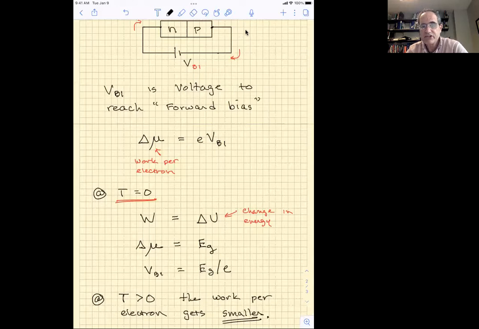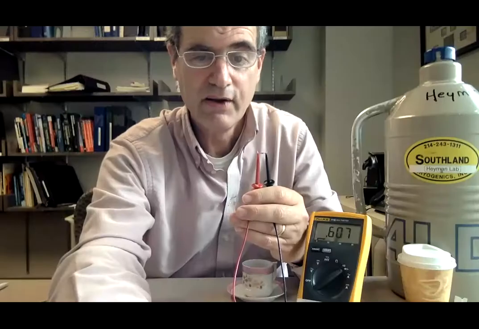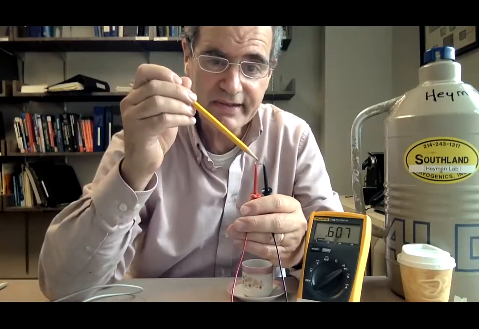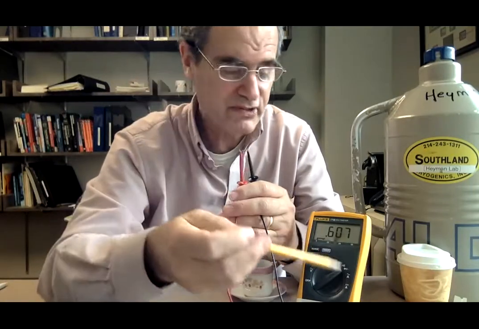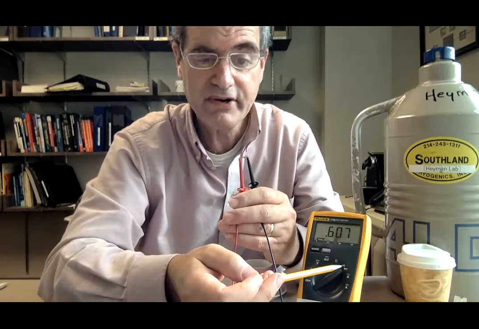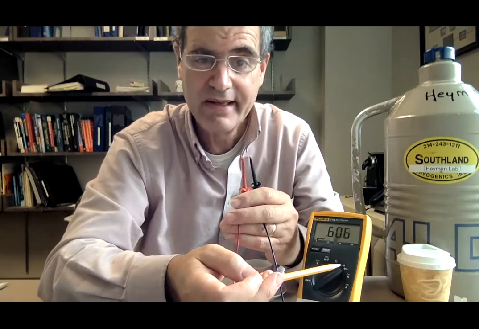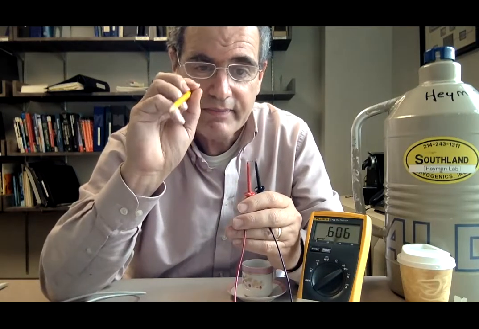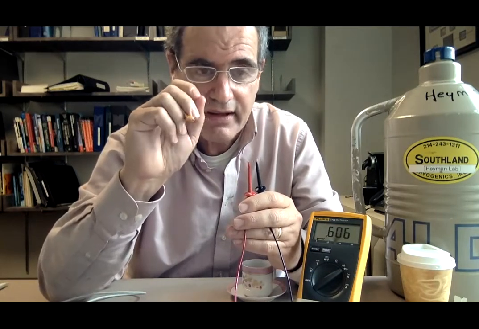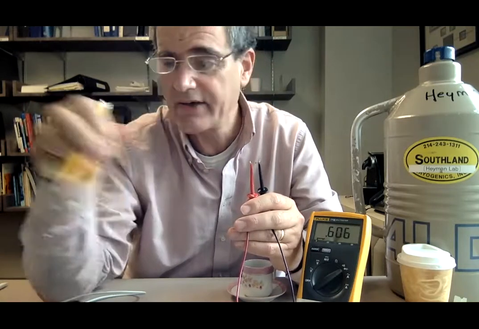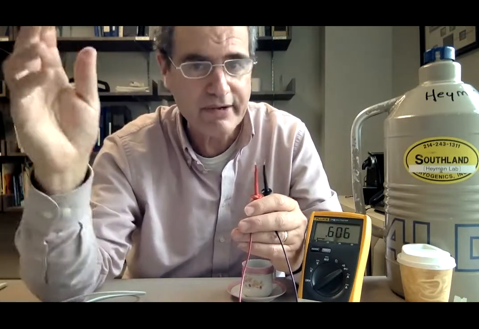And here, I'm actually going to show you a demo of this if you'll hold on. One moment. Okay, here's my demo. I have a diode, a silicon diode, that's attached to a digital voltmeter. And the voltmeter has been turned on to the diode check setting. And what it does there is it applies voltage, and it increases the voltage until the current reaches a certain very, very small value, like 1 microamp.